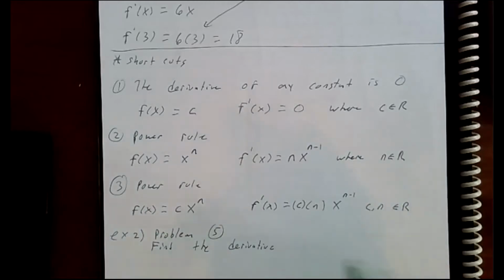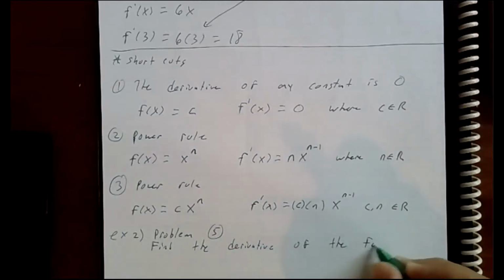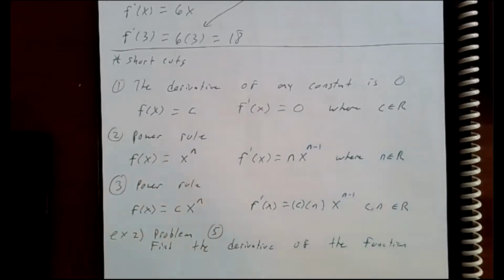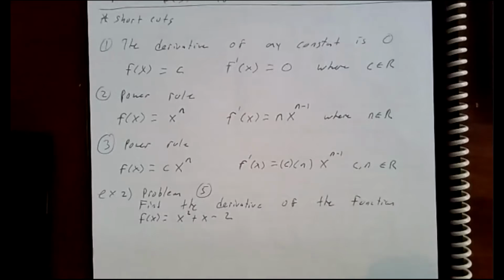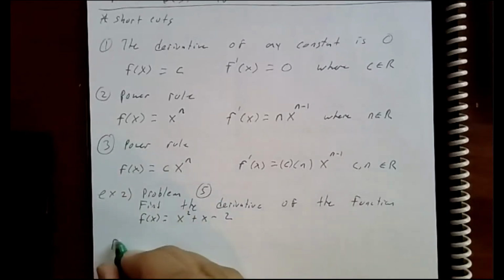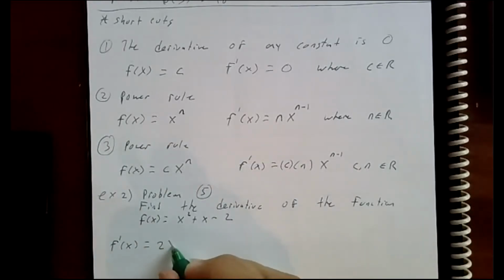Okay. Find the derivative of the function f of x equal to x squared plus x minus 2. So the power rule can be used on each term separately. So the derivative of f of x, right? You just bring the 2 down on the power, and then you subtract 1 from the power.